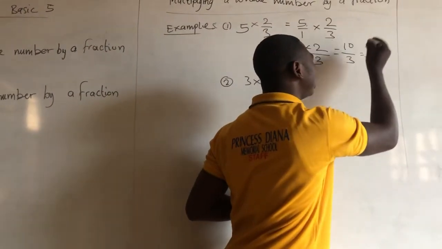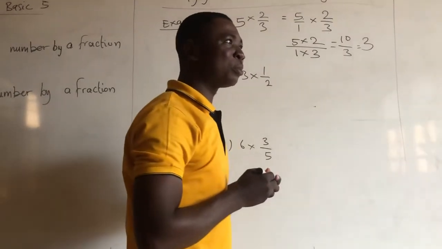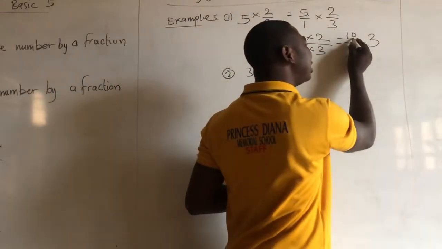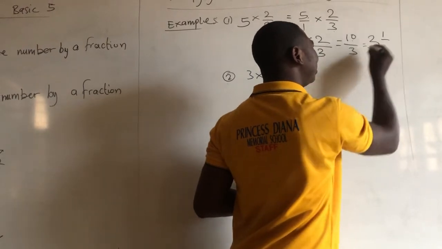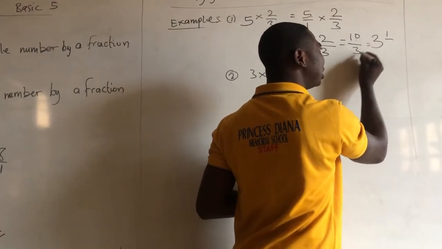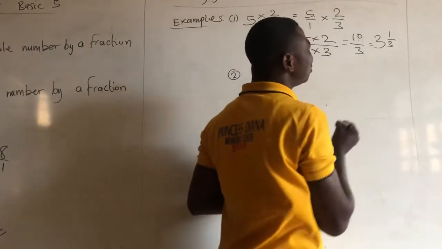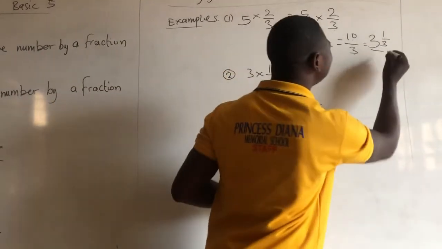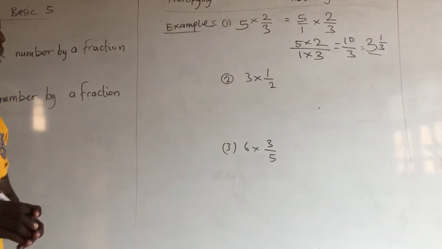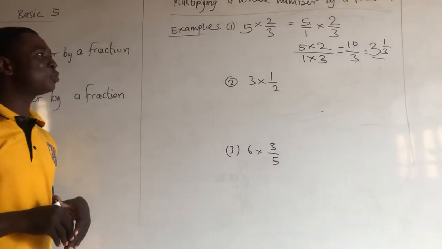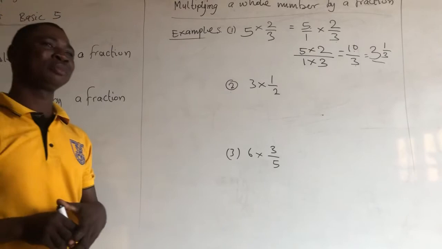Write 3 as a whole number. Remaining 1. Then I bring the denominator, which is 3. So our final answer now is 3 whole number, 1 out of 3.